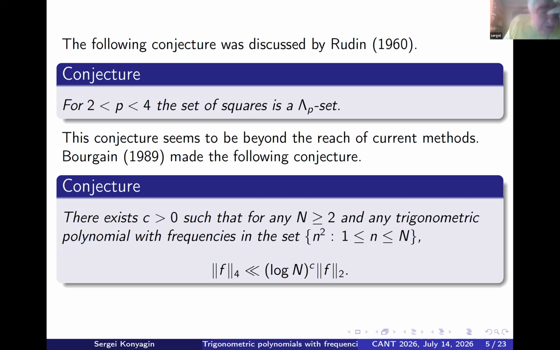There is a conjecture of Bourgain from '89. This is the conjecture about the comparison of norms in L2 and L4. The conjecture is that, okay, the norm in L4 may be larger than the norm in L2. We can lose some logarithms, but the conjecture is that the ratio of the L4 norm to the L2 norm is at most some power of a logarithm.